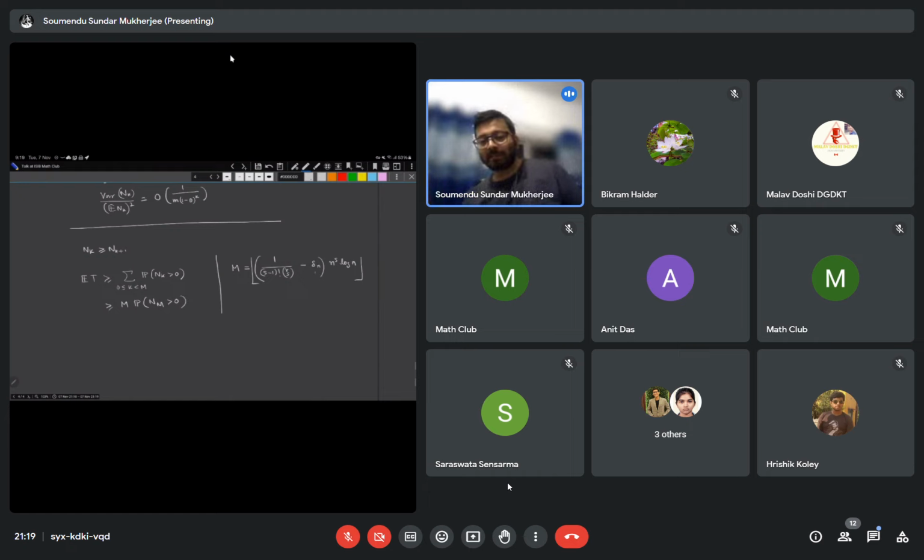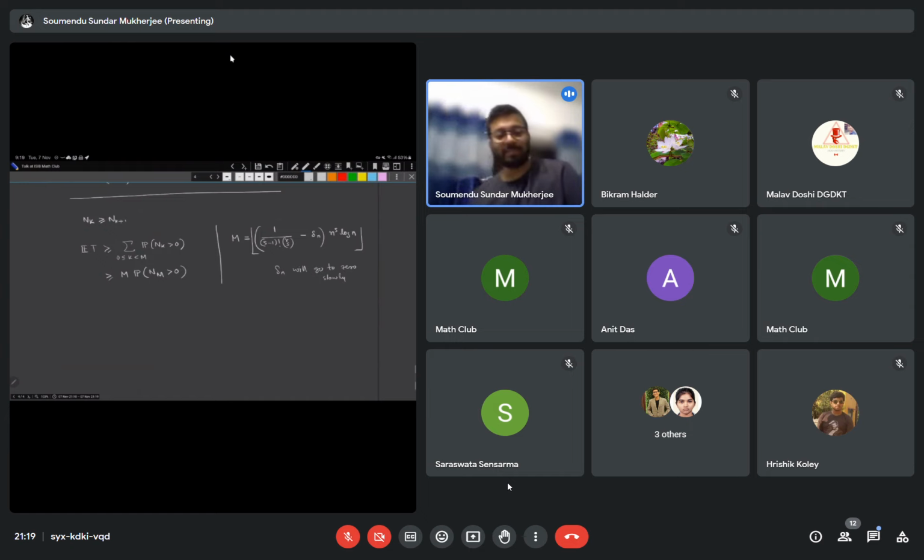So delta n will slowly go to 0. It doesn't work if you put delta n equal to 0 exactly. So the catch is we have to take delta n to 0 suitably slowly.